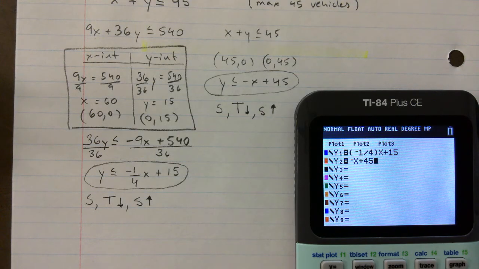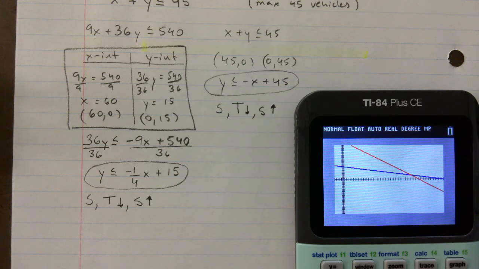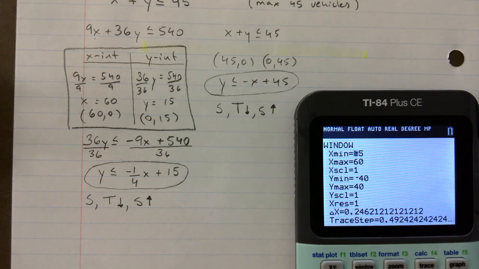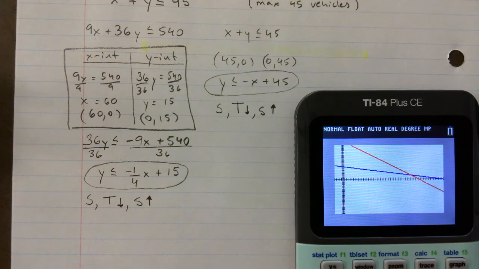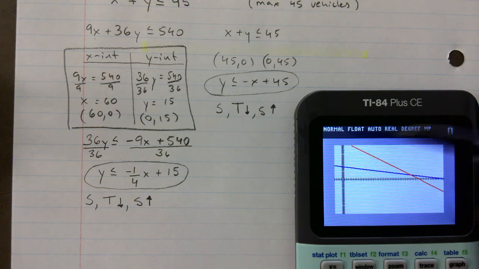Don't forget about the variable x when typing that in, or else you get a horizontal line. Or worse yet, if you multiply, then you won't even notice. And in my window here, I need to raise my y max a little bit.